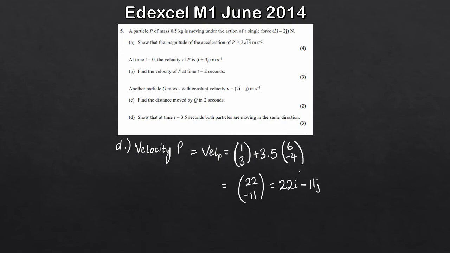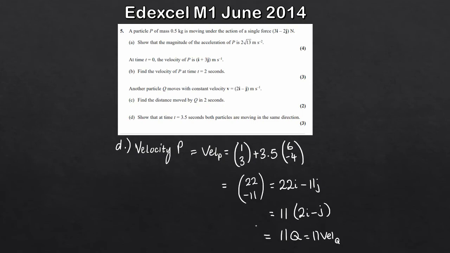But if you notice, we know the particle Q has constant velocity, 2i minus j. Well, I can actually factor out here. This is 11 lots of 2i minus j. And this, in other words, is just 11 times the velocity of Q, because it's 11 lots of the velocity of Q, because that's 2i minus j.